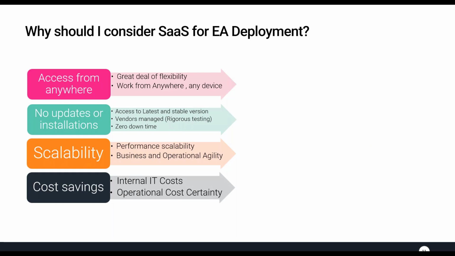Such scalability can only be possible with a cloud or a SaaS deployment. And the last thing is, at the outset, one may think there are some additional costs for all this hosting and support, but in the longer run, you are eliminating all the internal IT costs associated with maintaining a platform. There have been a number of instances where we need to raise a ticket to even update or install an add-in or an MDG plugin on an end user's machine, and that's charged by the hour by the system engineers.